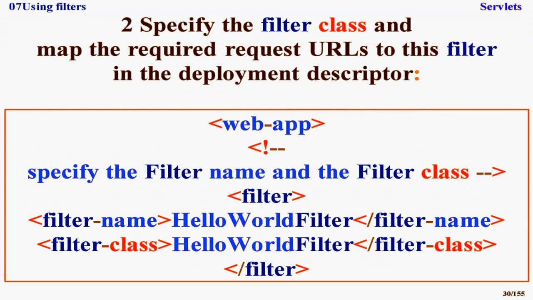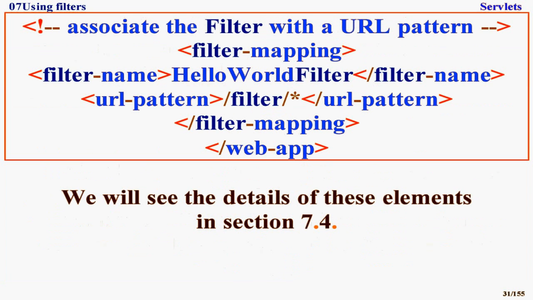In web-app, specify the filter name and the filter class. Filter, filter-name: HelloWorldFilter. Filter-class: HelloWorldFilter. Then associate the filter with a URL pattern. Filter-mapping, filter-name: HelloWorldFilter. URL-pattern: filter.